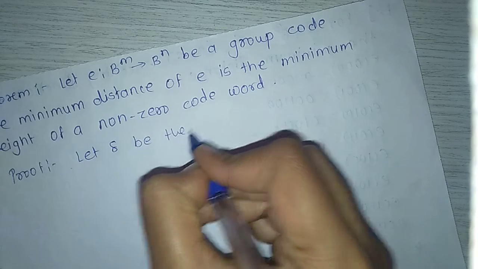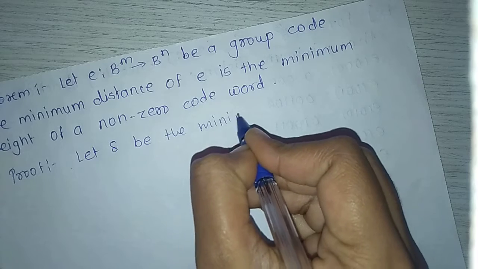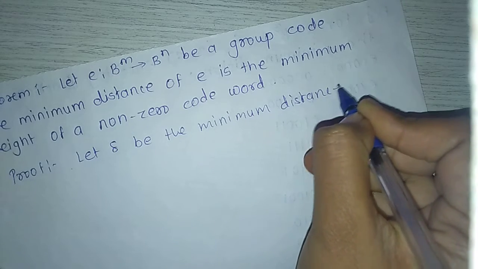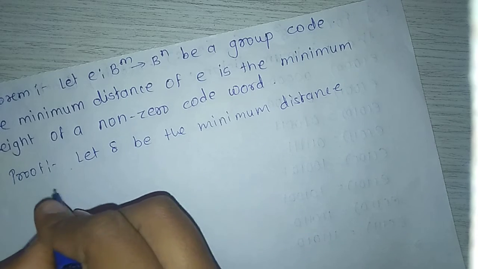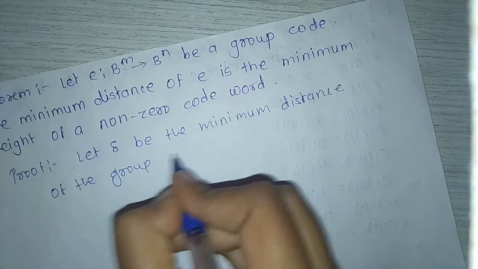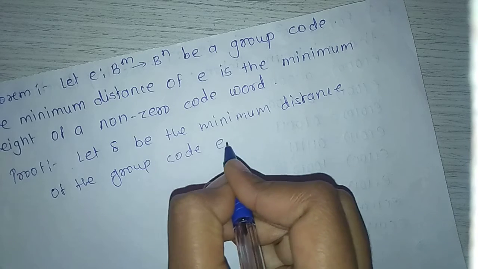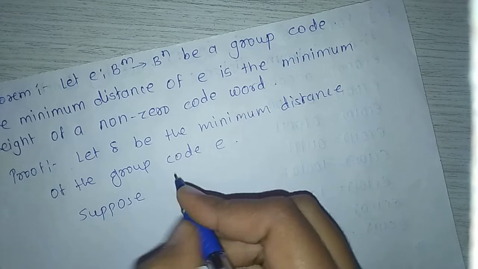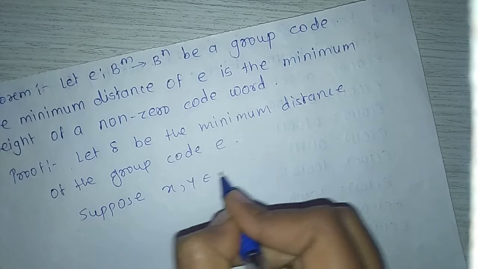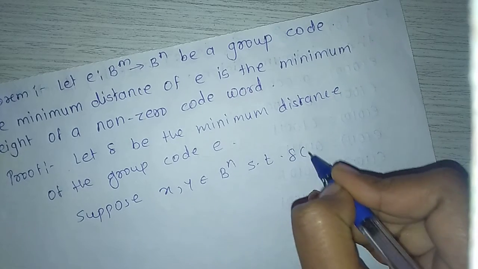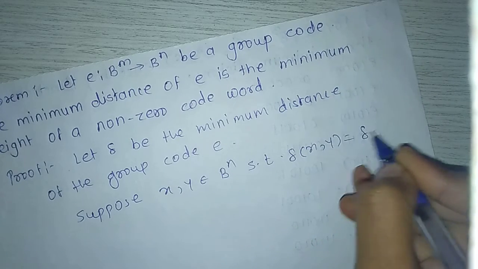Delta be the minimum distance of the group code E. Suppose x, y belongs to B raised to n such that delta of x y equal to delta.